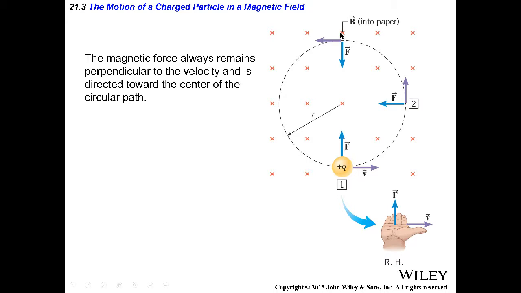So when it comes up here, the force is still centripetal, now downward. That means that it's going in a circle. You got it now? In the presence of a magnetic field, a charged particle coming across it will be trapped in the circle.